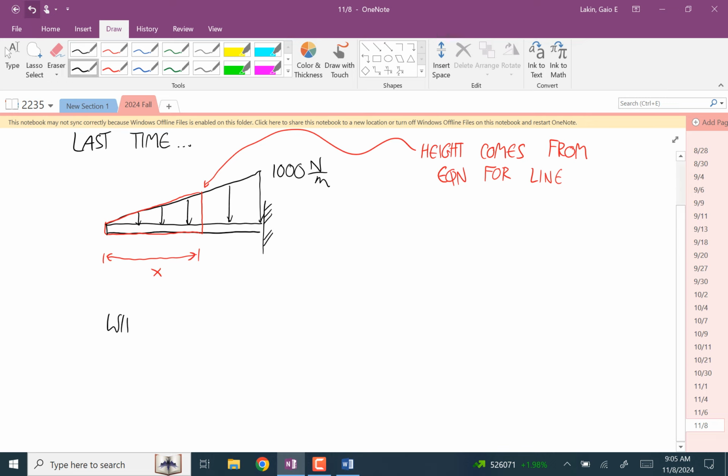Okay, so this is 3 meters long. That's what we had before. And so our x for our cut is valid for anything between 0 and 3. Okay, so let's do our cut. So we have a piece like this, and let's give this a value, 1,000.